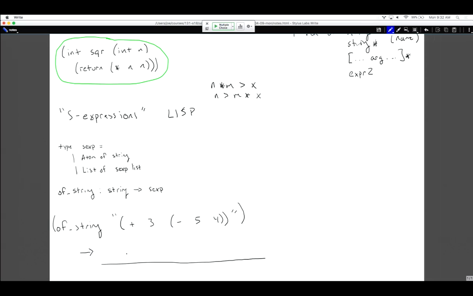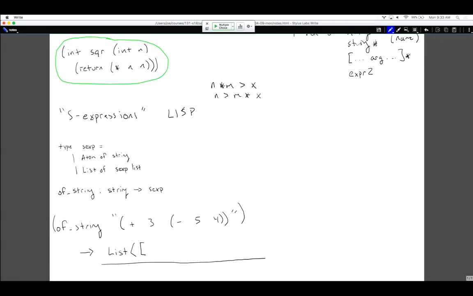I want to be clear that the intent of ofstring, and what ofstring actually does, is look at the parenthesized structure of the expression and use that to build this nested representation. So it's not just going to be an atom of this string. It will be a list containing something.